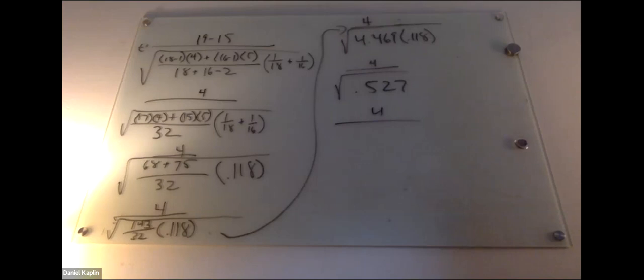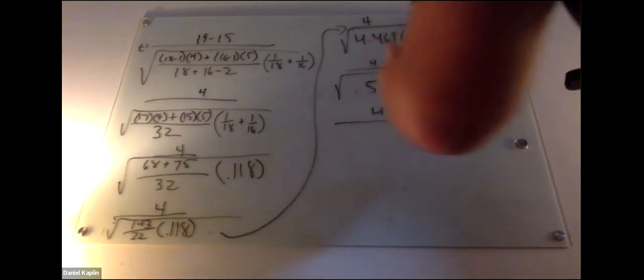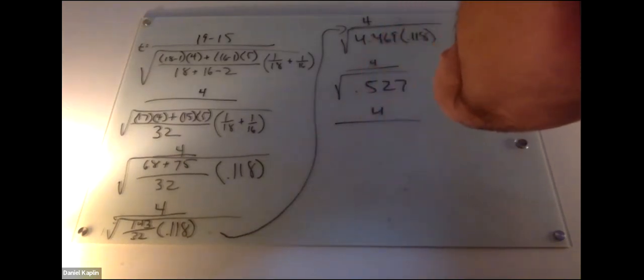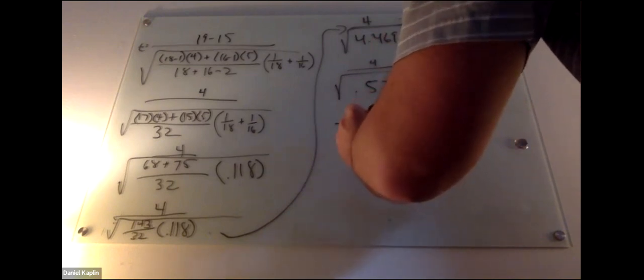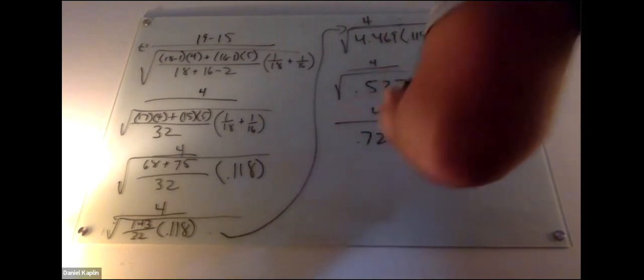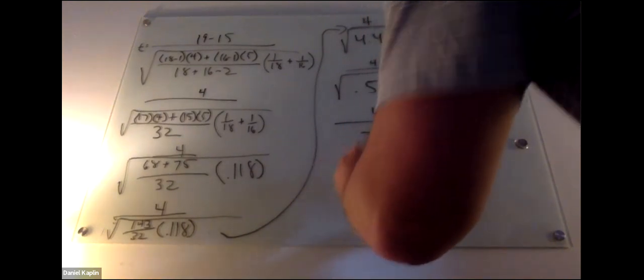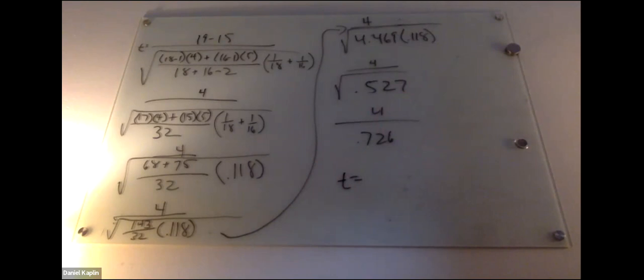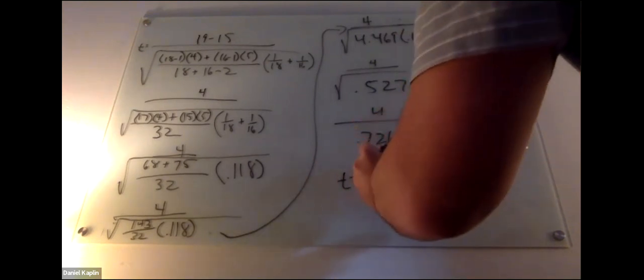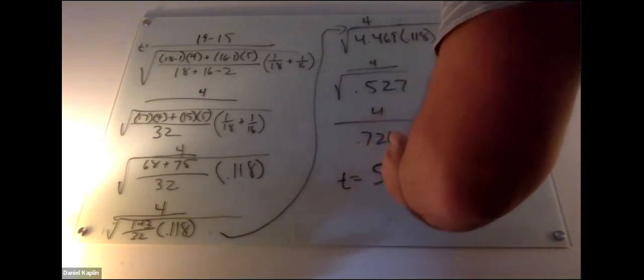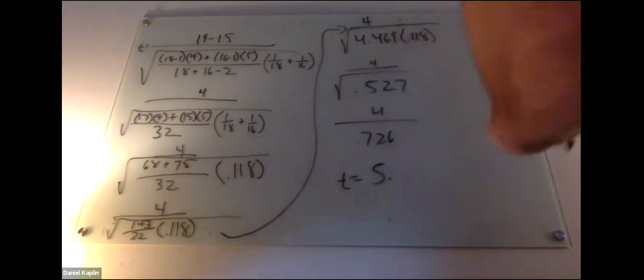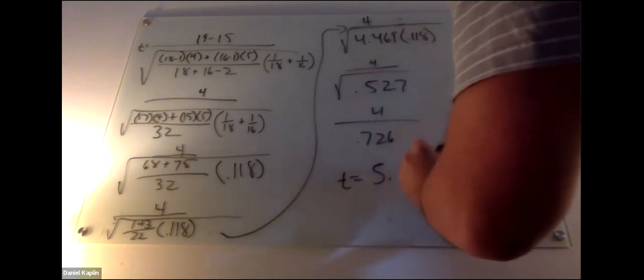0.527, take the square root of that, and now we get 4 divided by 0.7259, 0.726. Okay, so now if we were to calculate the t-value, what we're looking at is 4 divided by 0.726, and what do we get? 5.510.